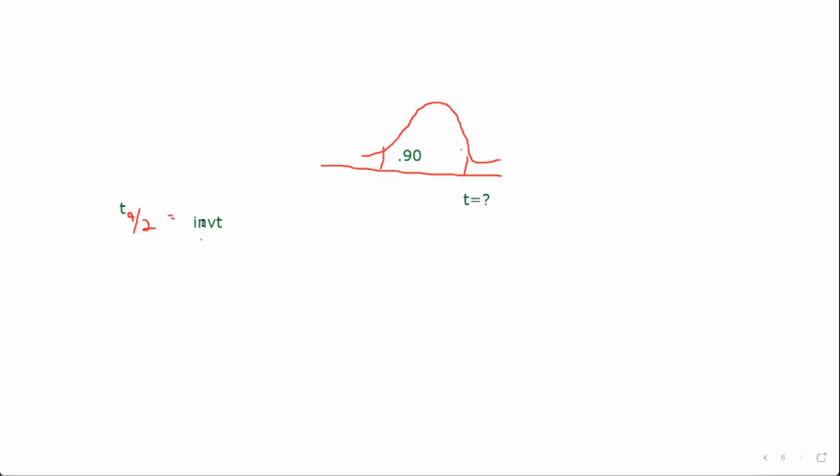If I give you the Z score for 90, that's 1.64, and what I see students do sometimes, especially if they're doing the two sections together, is they'll import the Z value from that into a T distribution.